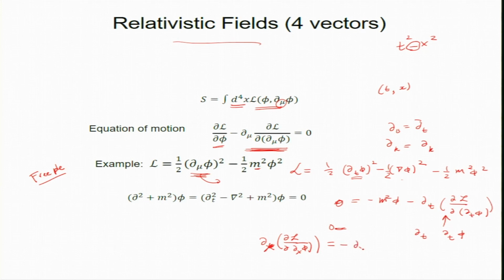So I get minus dx squared phi, the double derivative with x. Plug that in here, we will get this equation. These are all minus signs.